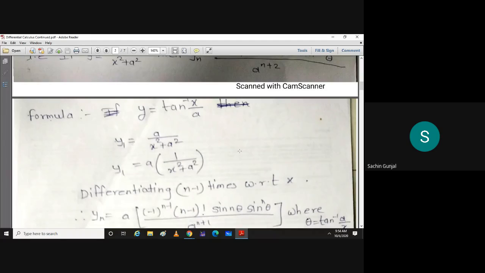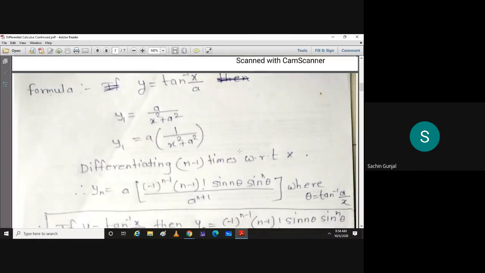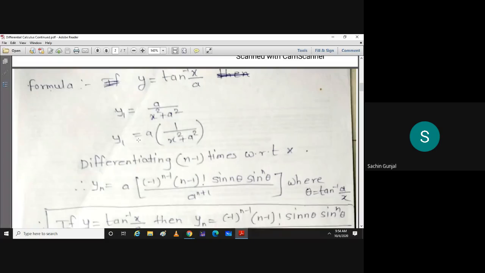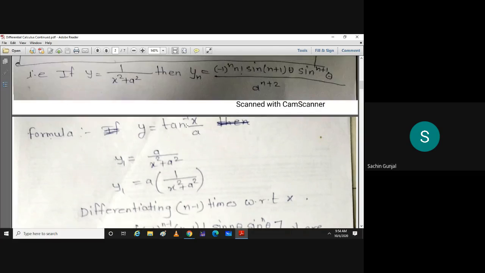Yes, sir. Okay. So differentiate this y1 n minus 1 times. So total derivatives is n minus 1 plus 1, so yn, a as it is. What is n minus 1 derivative of 1 upon x square plus a square?